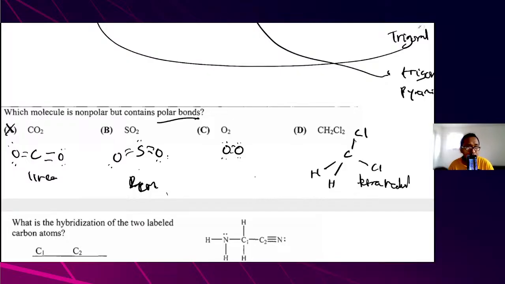And then how about the O2? So many concepts we need to learn.